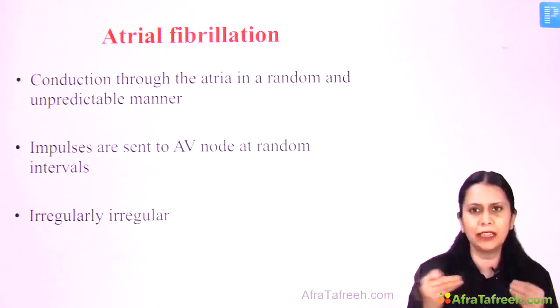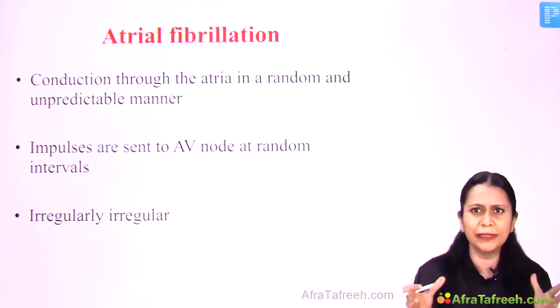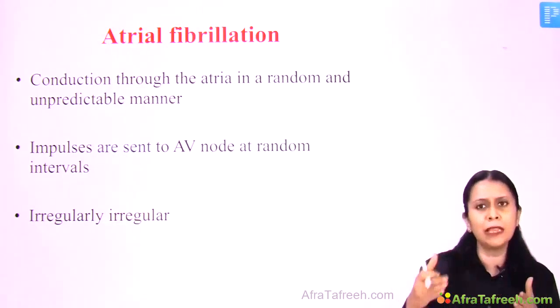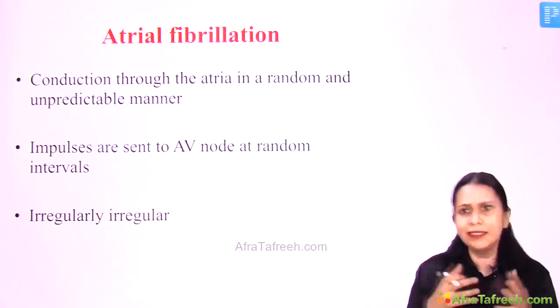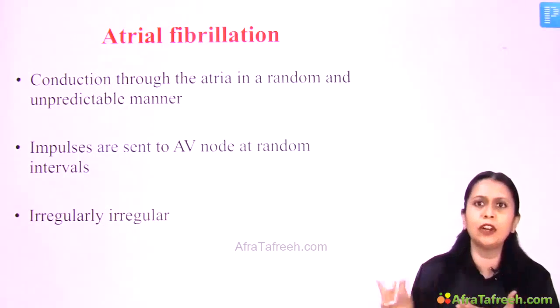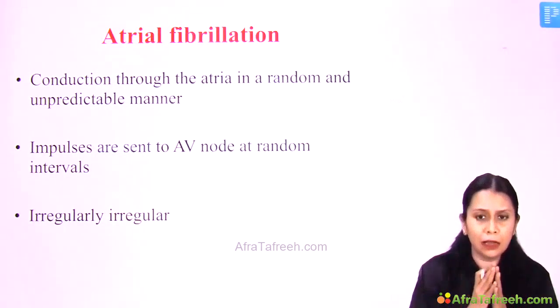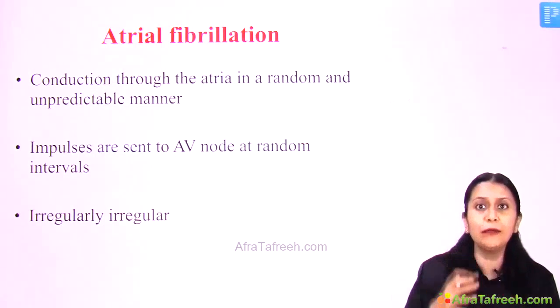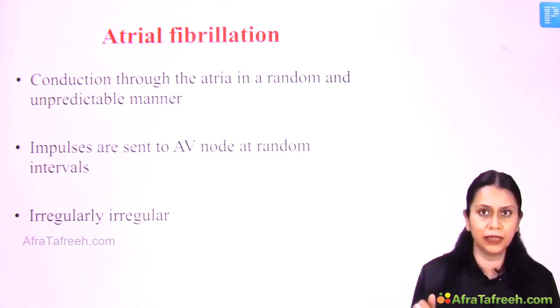Because of this random impulse generation from atria, of the impulses which travel to the AV node, some can be taken by the AV node, some cannot. And because of this, the pulse rate which we get is irregularly irregular.